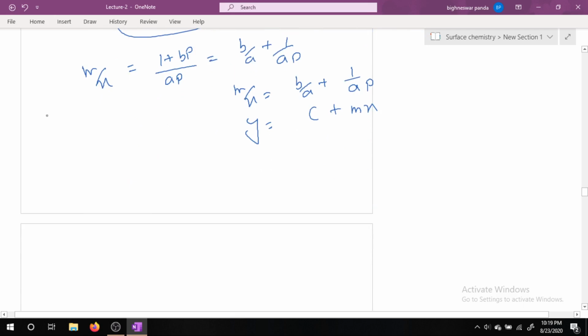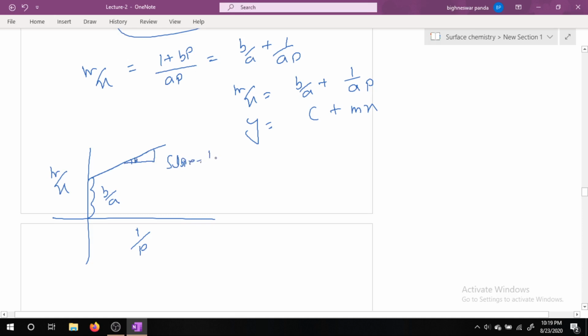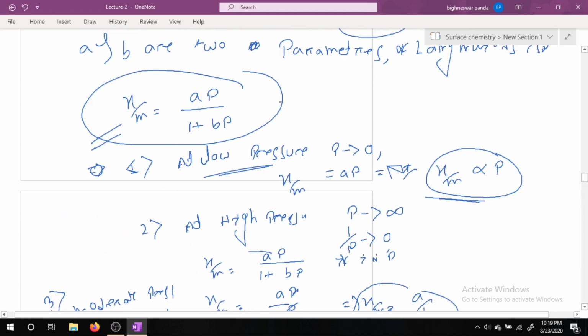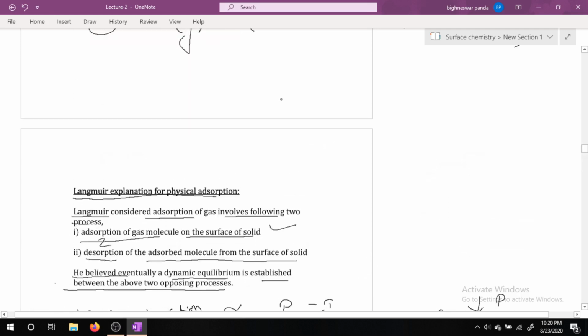If I plot the graph between m by x and 1 by P, this is the equation of a straight line, with intercept b by a and slope 1 by a. So this is all about the Langmuir adsorption isotherm. So we have discussed in this topic the Freundlich adsorption isotherm and the Langmuir adsorption isotherm.